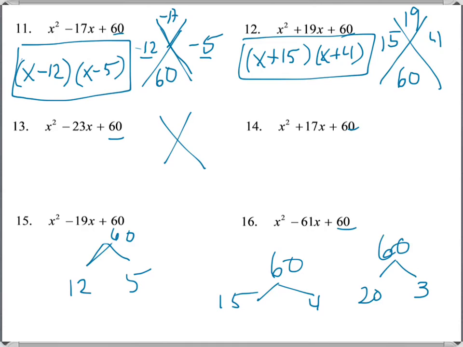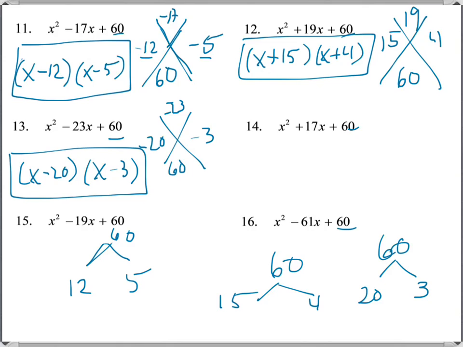So we have 60 and negative 23. Let's work with the 20. Let's make this negative 20 and negative 3. x minus 20 and x minus 3 should be the answer there. Okay, positive 17. So this is 17 and 60. That must be my 12 and 5 again, but this time positive.